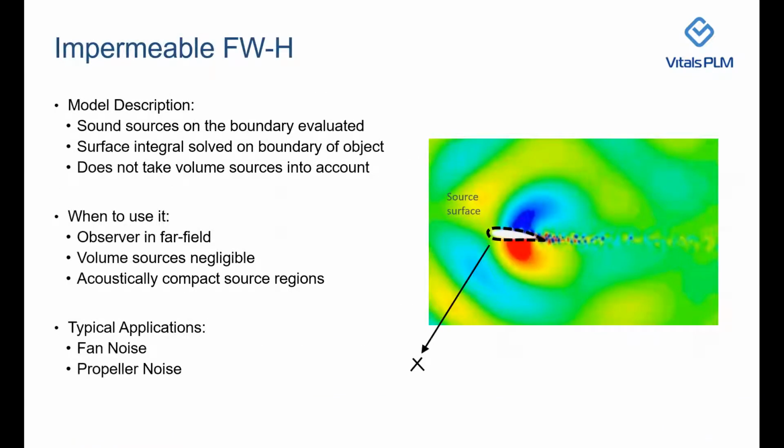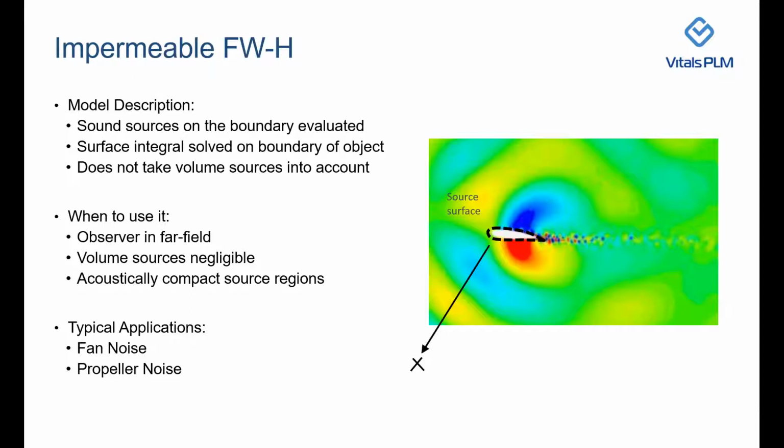So the model of impermeable FW-H evaluates the sound sources on the control surfaces. In this example, again, we have taken the flow over a NACA 0018 aerofoil as an example.